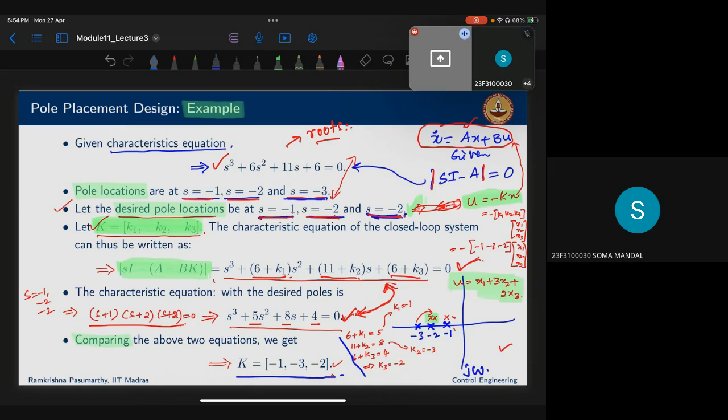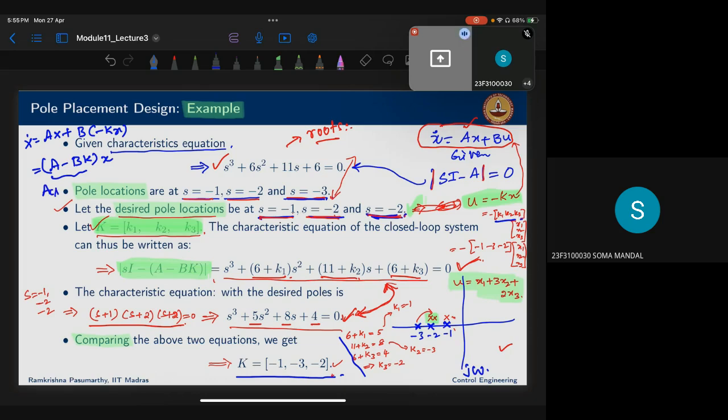Once you substitute these three values of K, x dot is equal to Ax plus B times minus Kx, and you get (A minus BK)x. This is nothing but ACL.